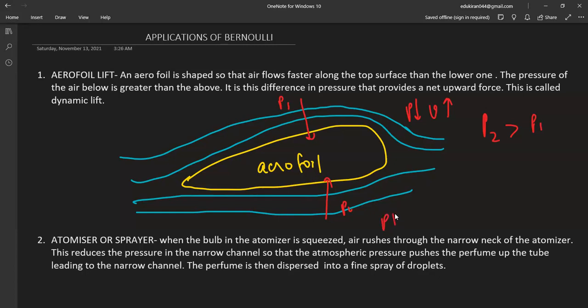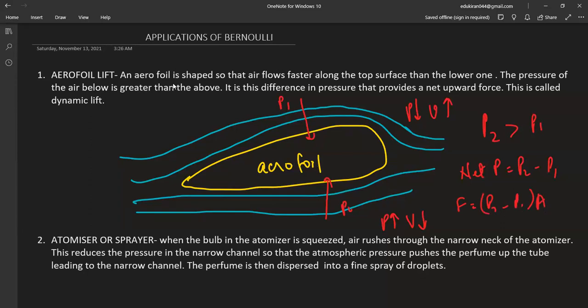So since the pressure is more, we have the velocity less. So what happens? As a result, the net pressure when you calculate becomes P2 minus P1. So the force becomes P2 minus P1 into area.